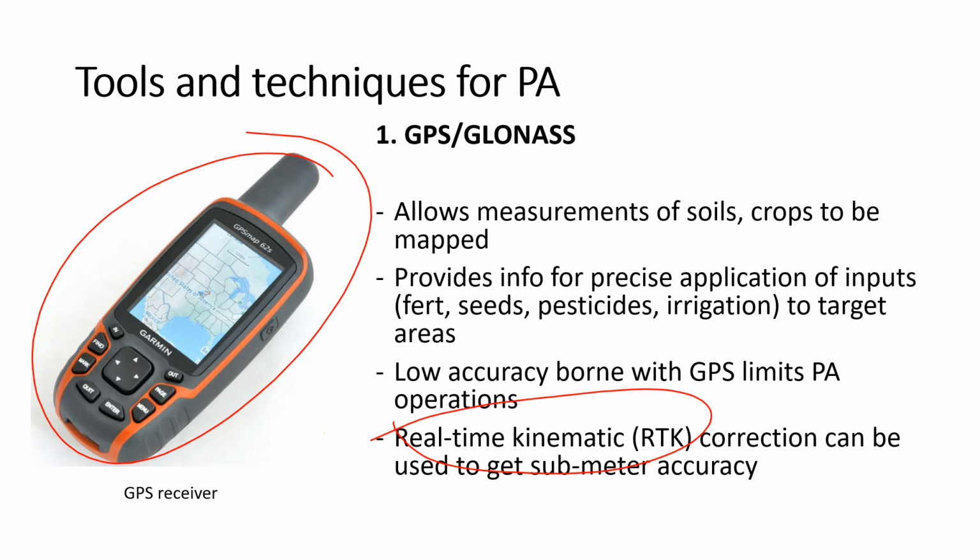Now, this can be used to get sub-meter accuracy. Now, imagine you are applying fertilizers and the applicator is inaccurate, maybe by plus or minus 3 meters. It means likely some of the fertilizers would be applied onto areas which are not targeted. So that's why we need a very accurate kind of system. And here the RTK becomes handy.